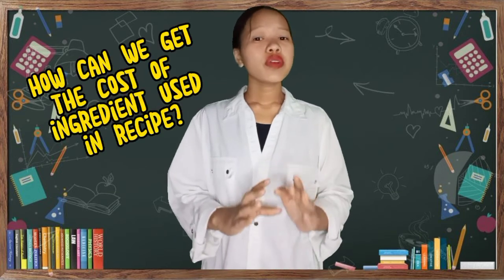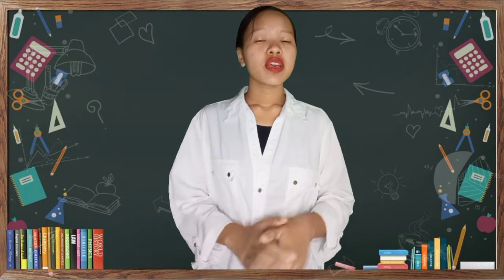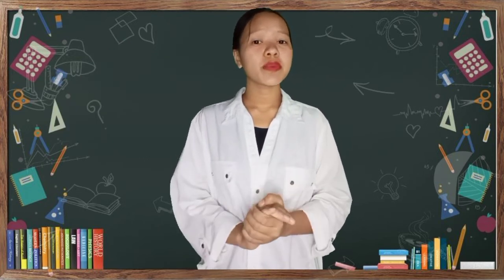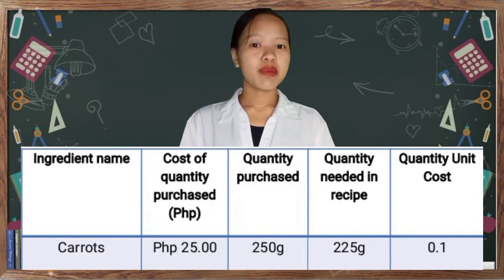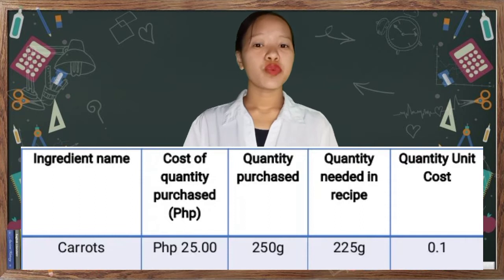So, how can we get the cost of ingredient used in the recipe? In order to get it, we have to multiply the quantity needed in the recipe and the quantity unit cost. The quantity needed in the recipe is 225 grams, and the quantity unit cost is 0.1.